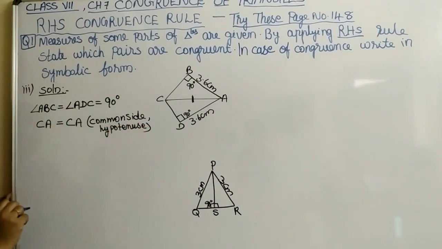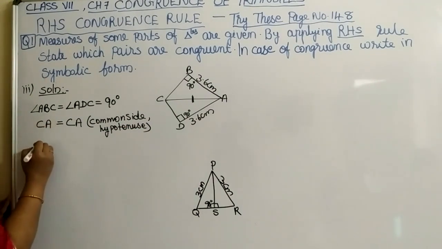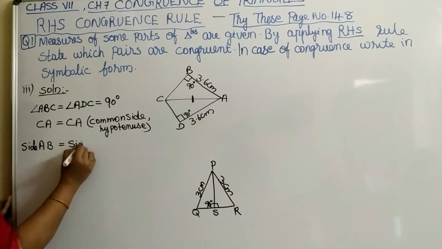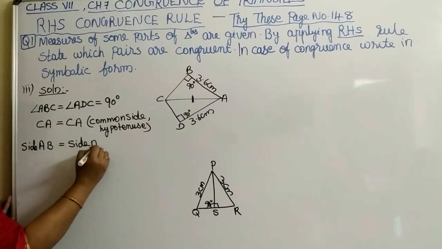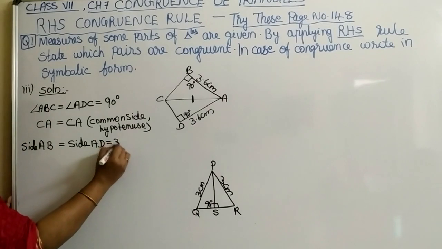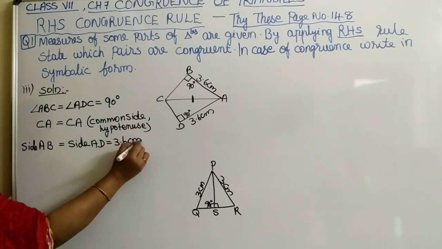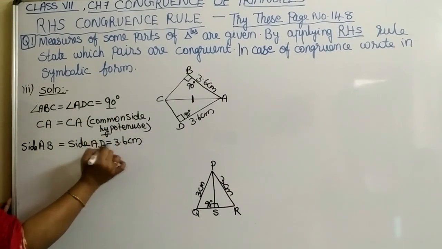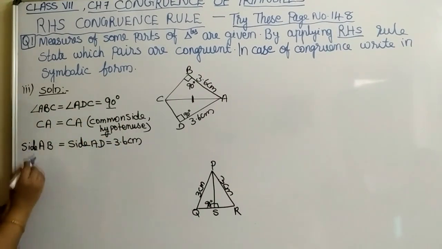And now we want one more side. So we can write from triangle ABC, side AB equal to side AD equal to 3.6 centimeter. So RHS is completed. Now we can obtain the congruency.